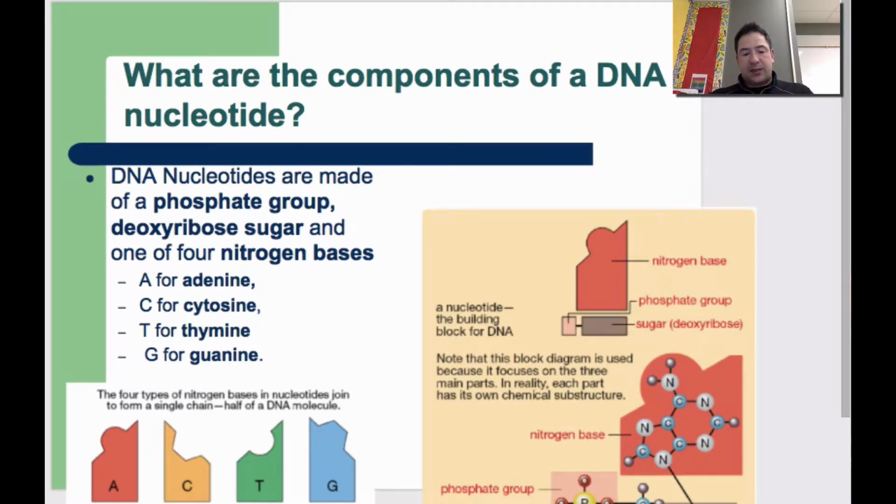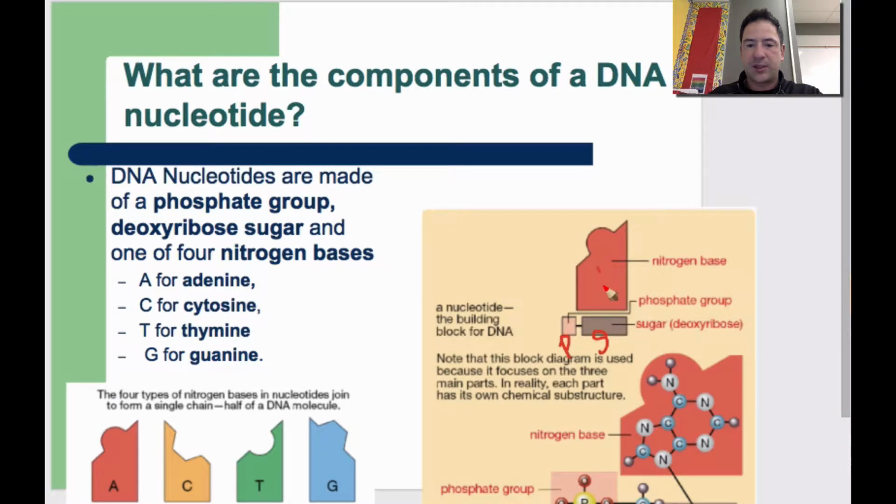This twisted ladder can be separated into what we call the sugar phosphate backbone. And you'll see here we have a sugar and we have a phosphate. So this here is the phosphate, I'll just put a P, and that's our sugar.